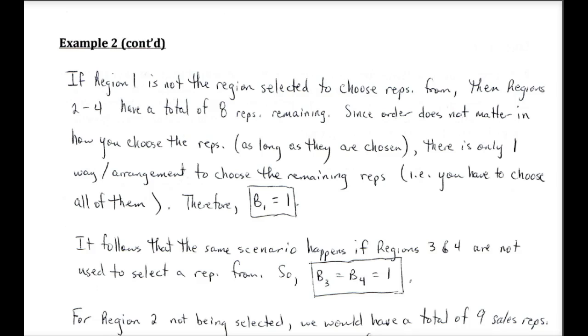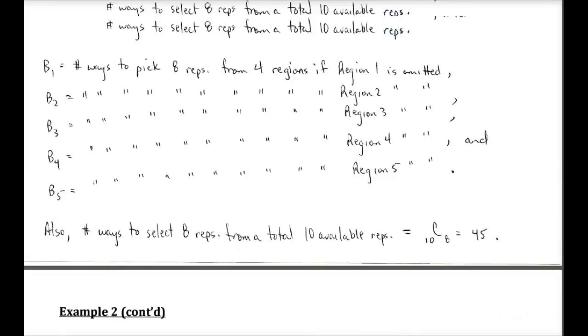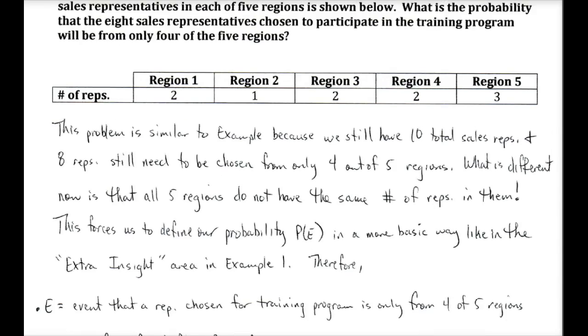Now, for region 1, we see that if we were to omit region 1, then the total number of representatives that are left would be 8. So since we need 8, we would have to choose all of them. And because of that, there's only one way to choose that. I'll go back here just to be clear.